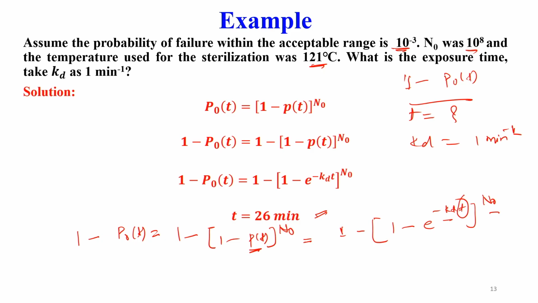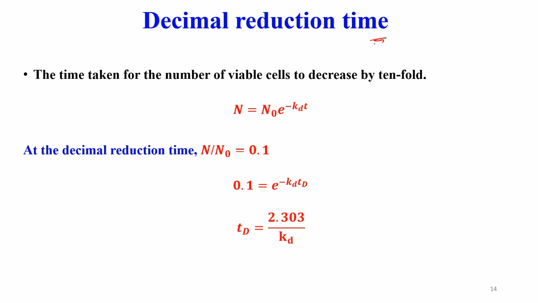So in this way the sterilization can be expressed in terms of probability, either in terms of small pt, in terms of capital Pt, or in terms of nt, the number of cells after time t. And one more term we can quickly discuss here. It says decimal reduction time. It means the time taken for the number of viable cells to decrease by 10 folds. 10 folds means n naught upon n equals 10, or n upon n naught equals 0.1.